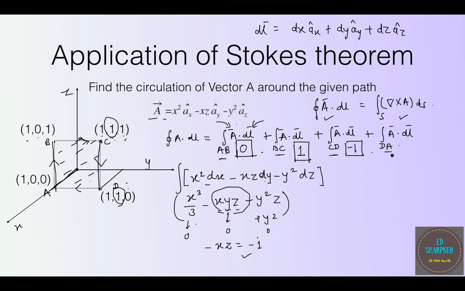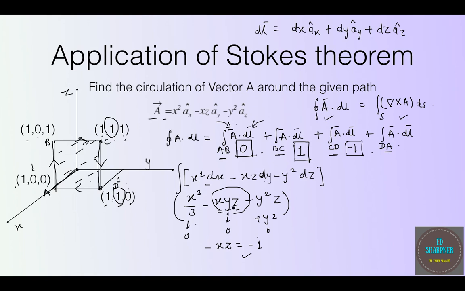Alright, now for the last term, for the path DA, only thing that changes is the limit of y changes from 1 to 0 instead of 0 to 1 here, because we are going from 1 to 0 for the y value. All the other limits for x and z are 1 to 1 and 0 to 0.